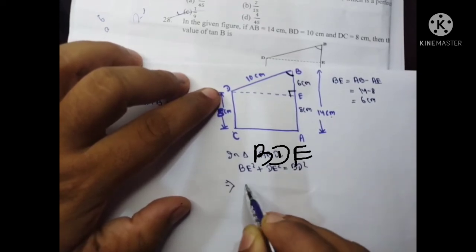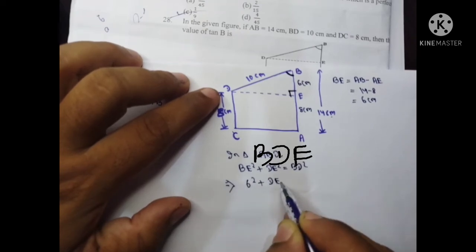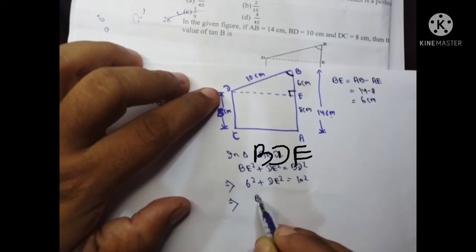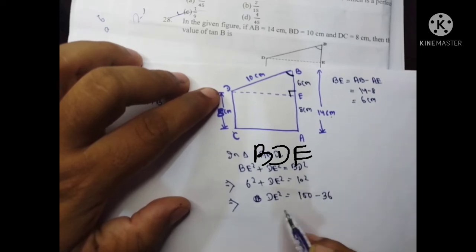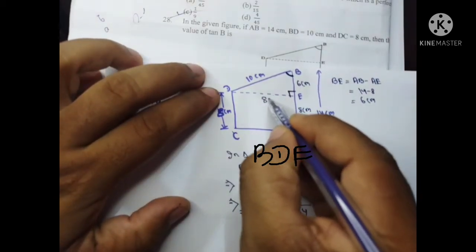That means 6 square plus DE square is equal to 10 square. That means DE square becomes 10 square, 100, minus 6 square, 36. That implies that DE becomes the square root of 64, which is 8 centimeter. So DE becomes 8 centimeter.